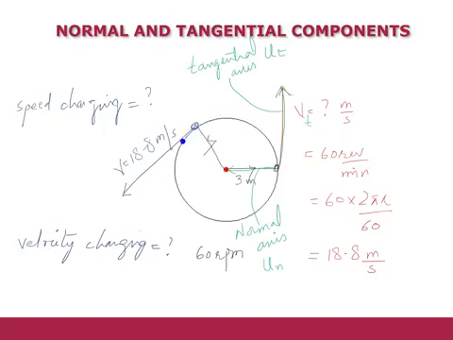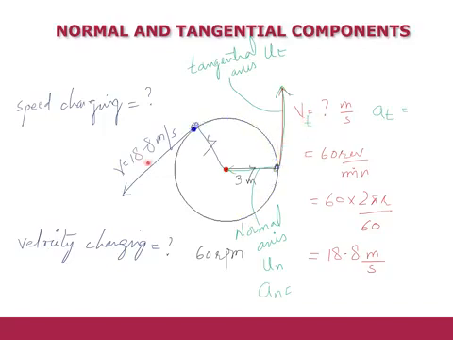We also discussed that the particle moving in a curved path has acceleration due to the change in the direction of the velocity. So we have two components of the acceleration: number one is the tangential component of the acceleration, and the other one is the normal component of the acceleration.